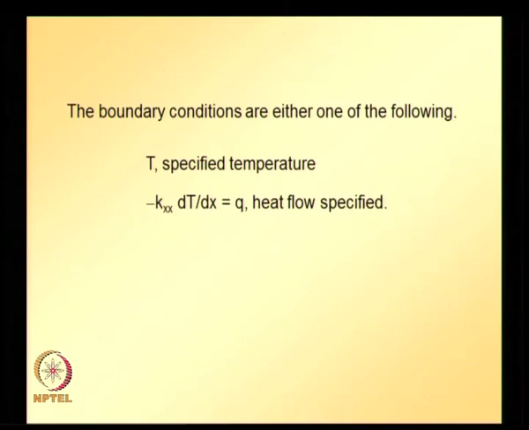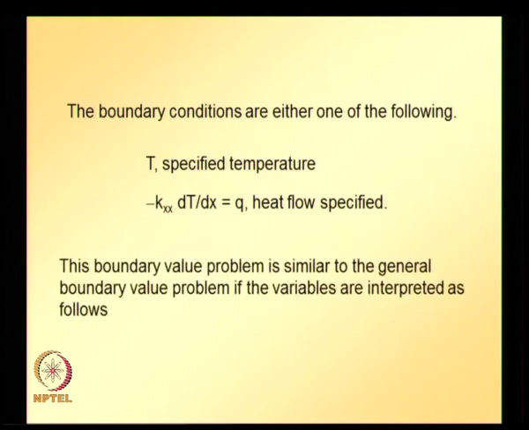So, now for this particular case of heat conduction and convection, we can obtain element equations by making a comparative table between the corresponding quantities in the general one dimensional boundary value problem and the variables in this particular case.